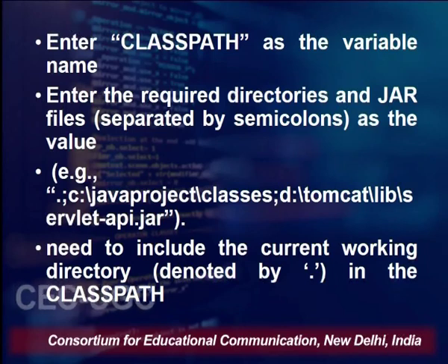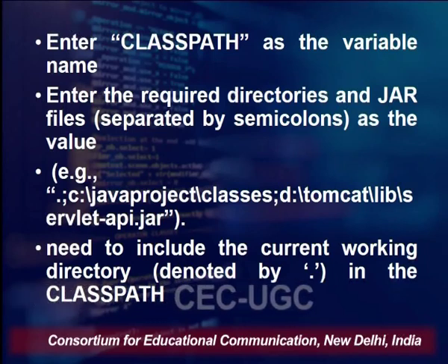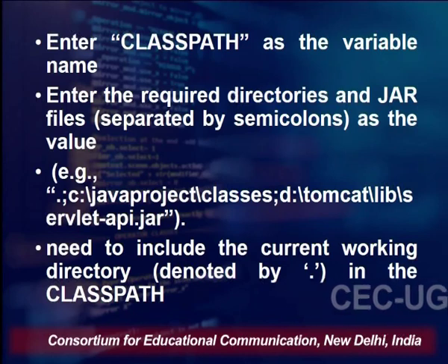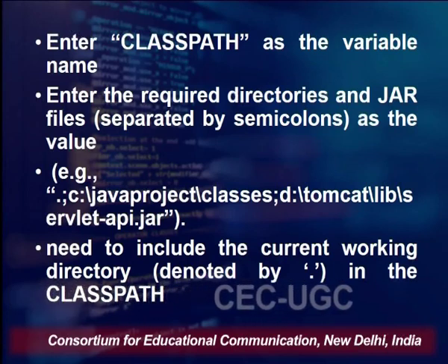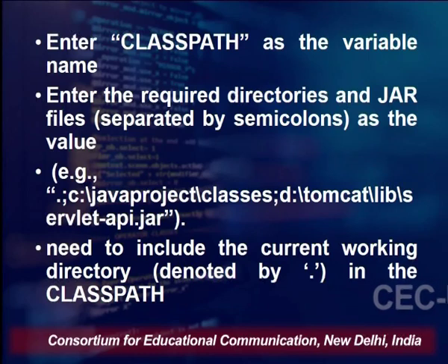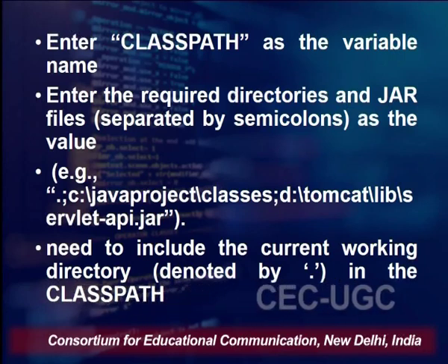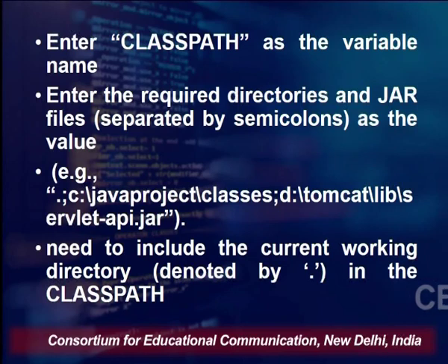So, the example here is CLASSPATH as the variable name, and then as the value we have written C drive, Java project, classes, then D drive, Tomcat, lib, servlet-api.jar. These are separated by semicolons, and then we can enter many more here. Also, please notice that at the beginning of the value there is a dot and then a semicolon.